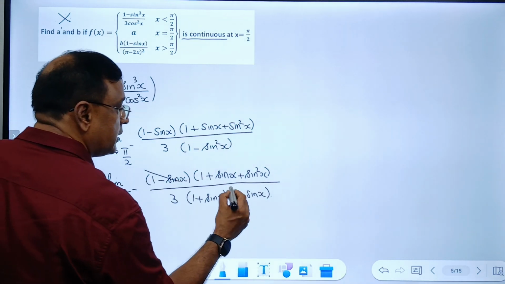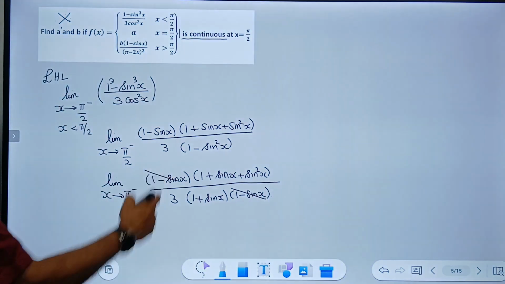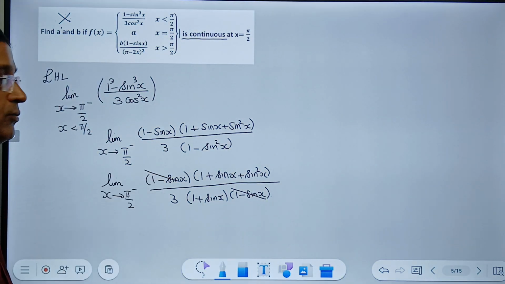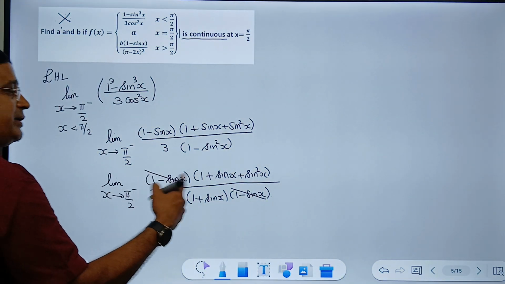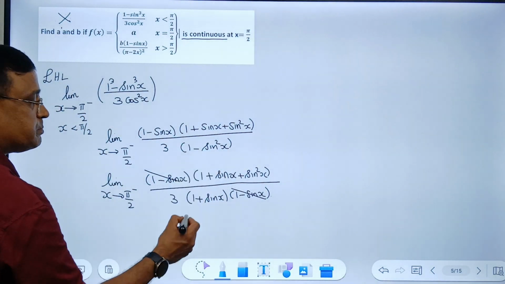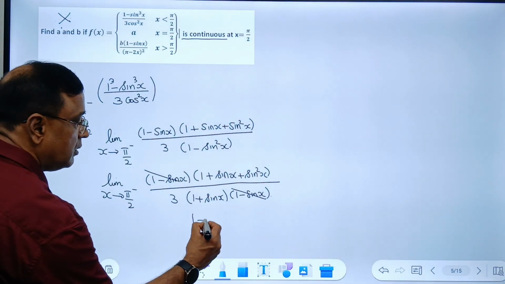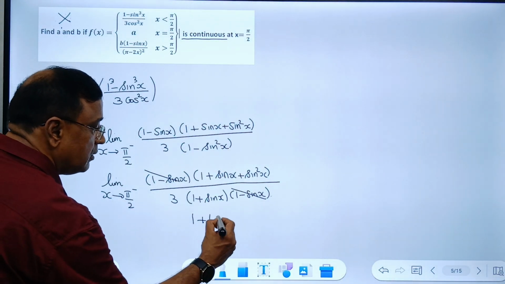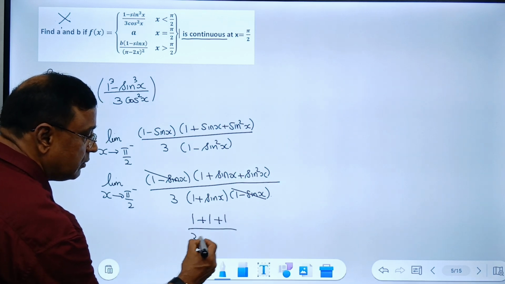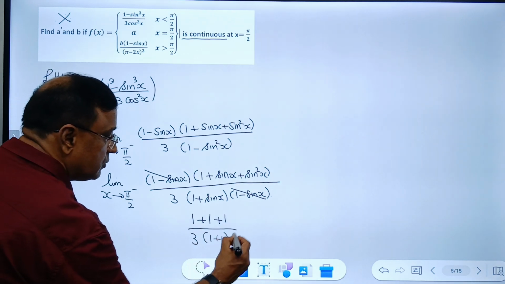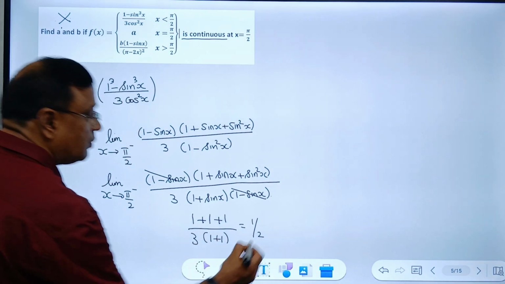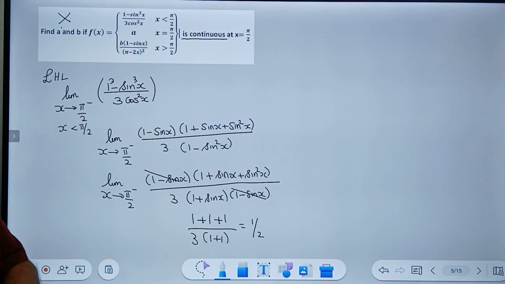Clearly they get cancelled, because when x is not pi by 2, 1 minus sine x cannot be 0. When you put x is pi by 2, you get 1 plus sine pi by 2, which is 1 plus 1 plus 1 over 3 into 1 plus 1. So the answer is 1 by 2. So my left hand limit is 1 by 2.